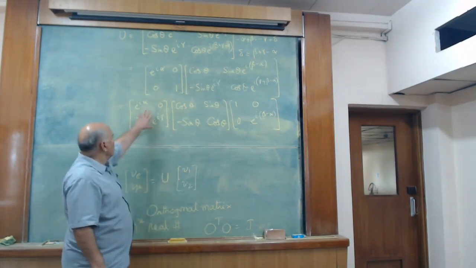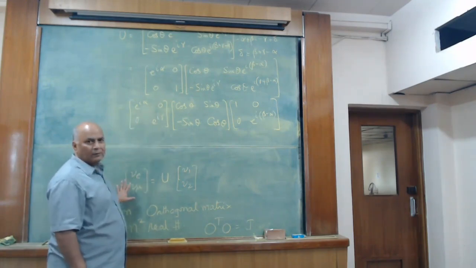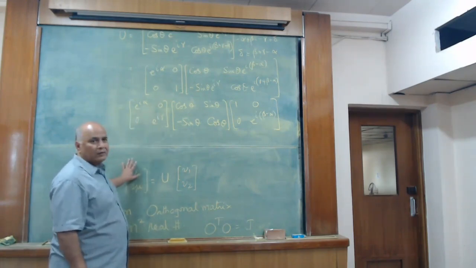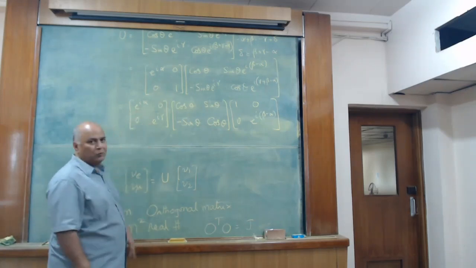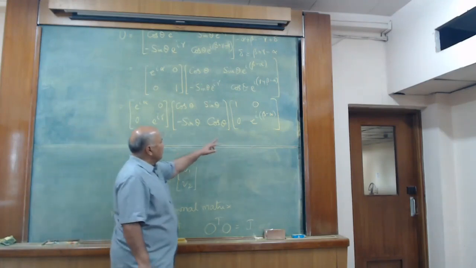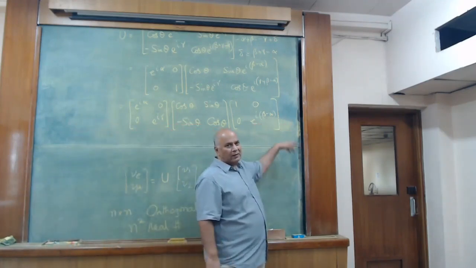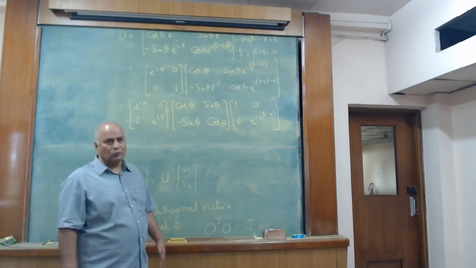So, I transfer this matrix to this side and absorb the phase alpha in nu e and gamma in nu mu. And similarly, this phase beta minus alpha, I absorb it into nu 2.